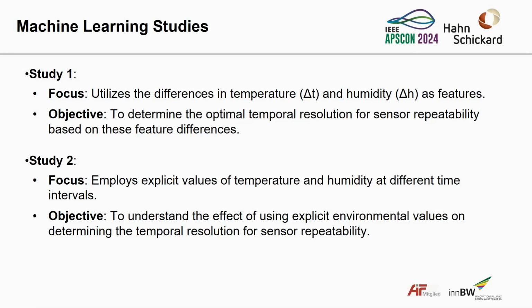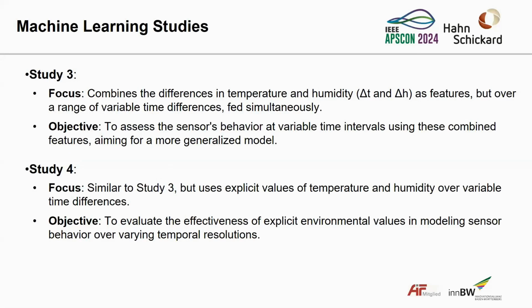And study 3 and study 4 are also very similar. This time we have the temporal resolution combined over variable time. So we take, for example, time windows of 1, 2, 3 till 100, 3600, and so on. So the time itself has become repeatable, and we should be able to have a machine learning model which gives us the R2 score, or is able to predict over a time horizon.